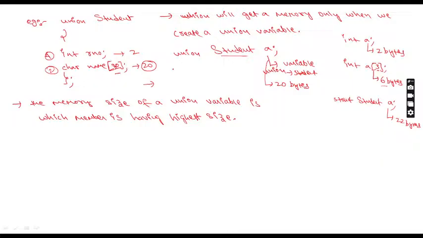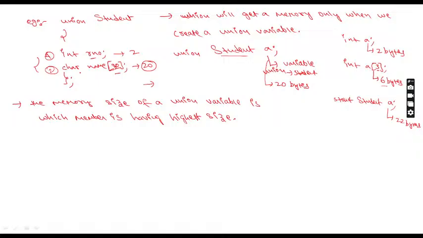Okay. And remember, whenever we create a union, there is a rule. How many members are there? These two members. Example, in your family, a single bedroom or double bedroom. I assume single bedroom. In a single bedroom, one hall, one bedroom, one kitchen, so how many washrooms will be there?